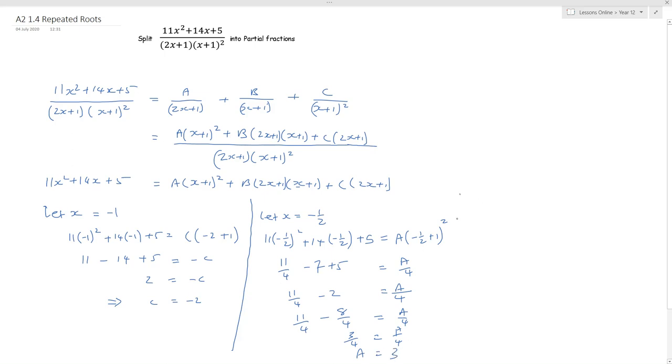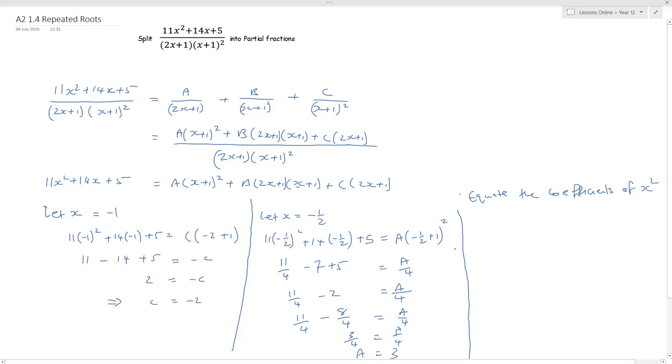Now, this final bit is slightly different. This time, I could get rid of all the terms, but what I'm going to do instead is equate the coefficients of x squared. So whatever goes with x squared, I'm going to equate it on the left hand side to the right hand side.